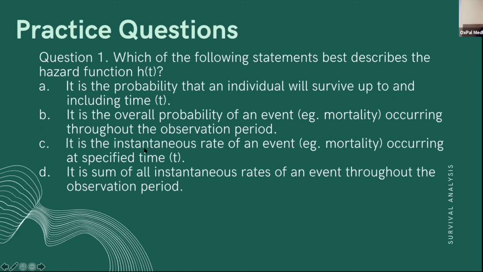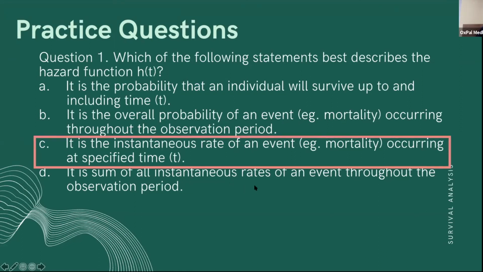So again, letter A is the survival function. Letter B is either risk or odds. Letter C is the hazard function, small h(t), and letter D is the cumulative hazard function, the big H(t). All right.